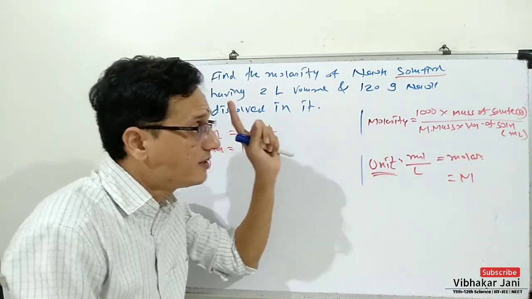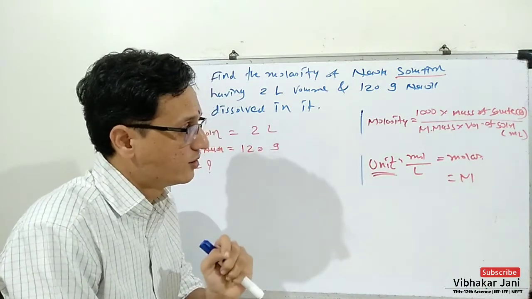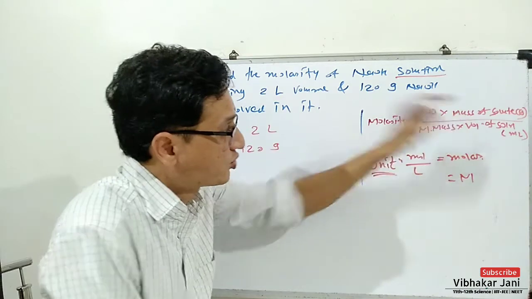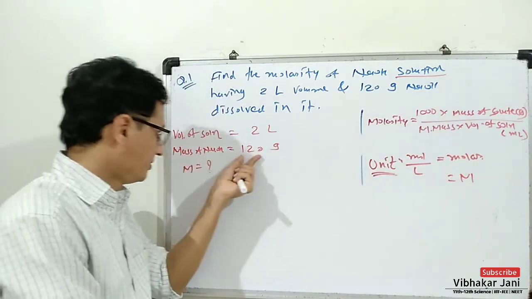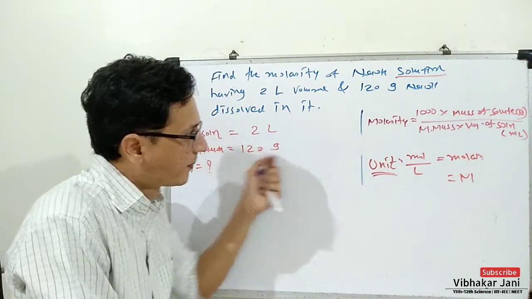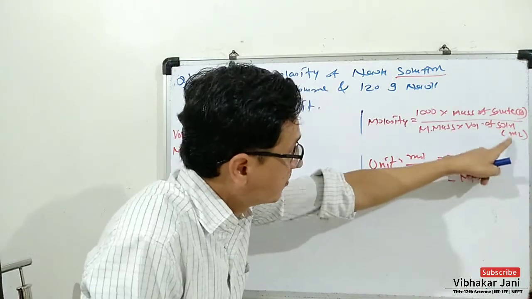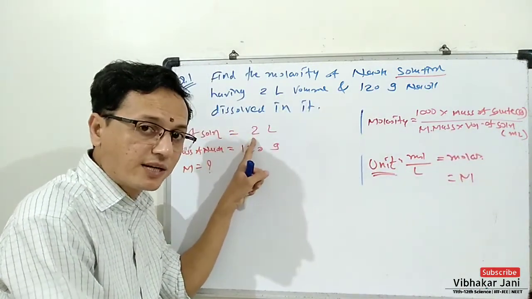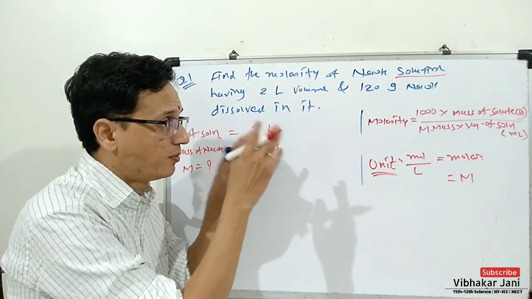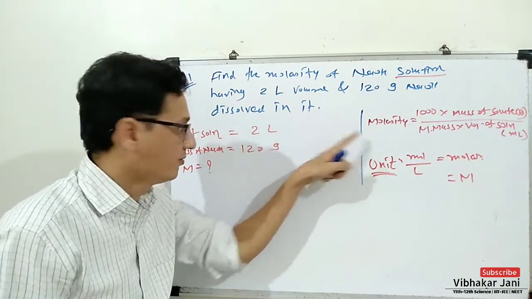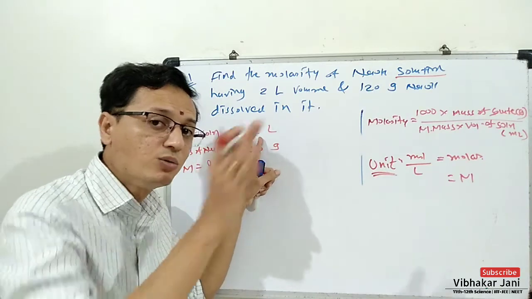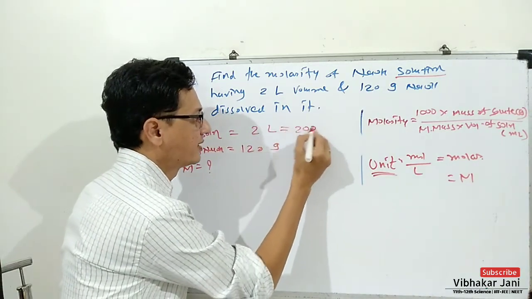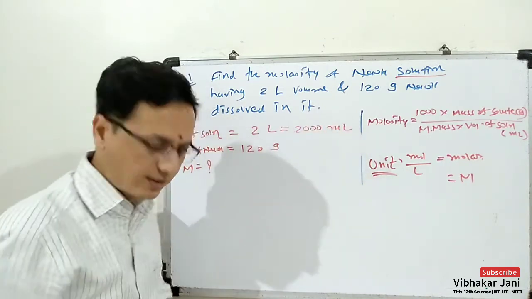So if you write this formula, then you can see we require mass of solute, which is already given in our question statement. Volume of solution in milliliter. Volume of solution is given in liter in our statement. So if we want to find molarity by using this formula, we have to convert this liter into milliliter. It is very easy. Now you can convert it into milliliter, that is 2000 milliliter.